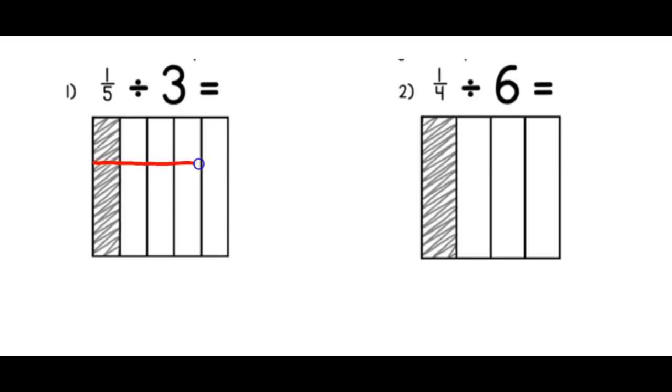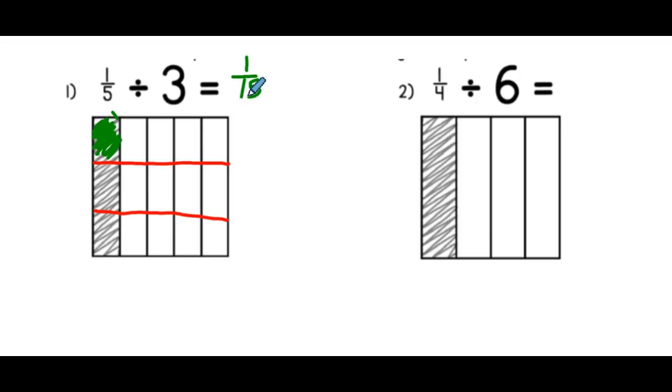So there's 1 the whole way across, and 2. So now this 1/5 right here is cut into 3 pieces. 1, 2, 3 pieces. So when I look at what one part of that is right here, when I took 1/5 and cut it into 3 pieces, one of those pieces is 1 out of, how many pieces did I end up with? 1, 2, 3, 4, 5, 6, 7, 8, 9, 10, 11, 12, 13, 14, 15.